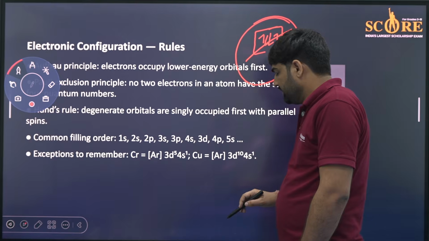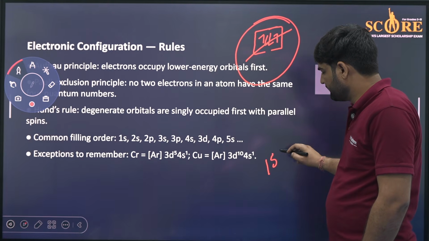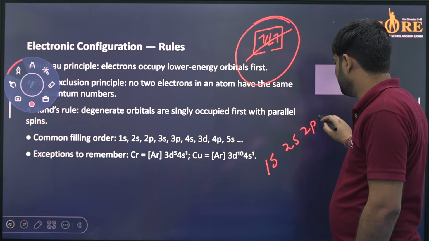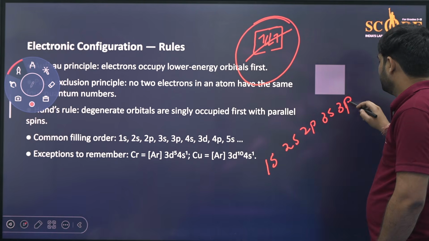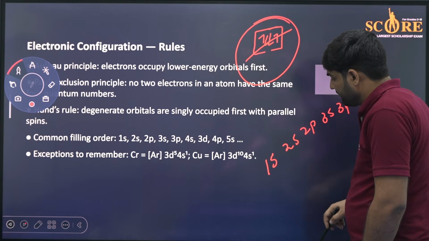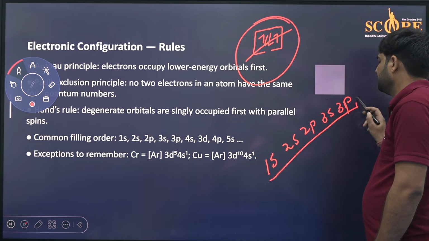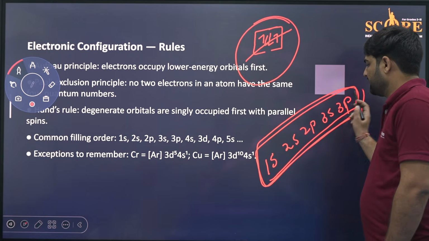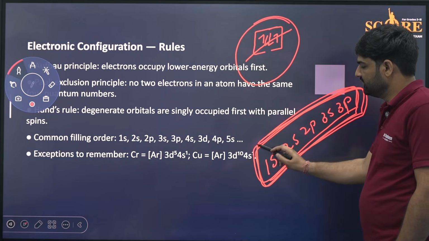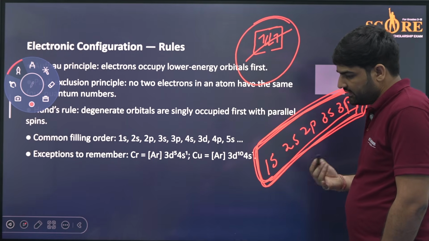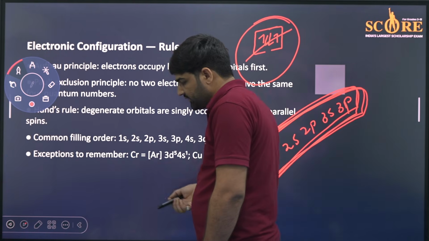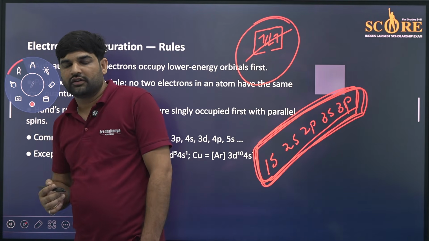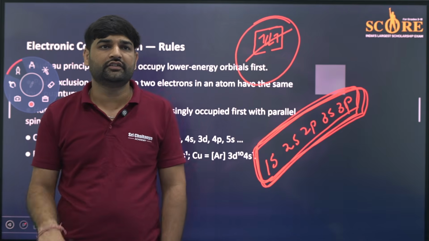Like if you want to fill electrons in 1s, 2s, 2p, 3s, 3p, this rule will decide the order of filling. It tells that electrons are filled in various subshells according to increasing energy order.